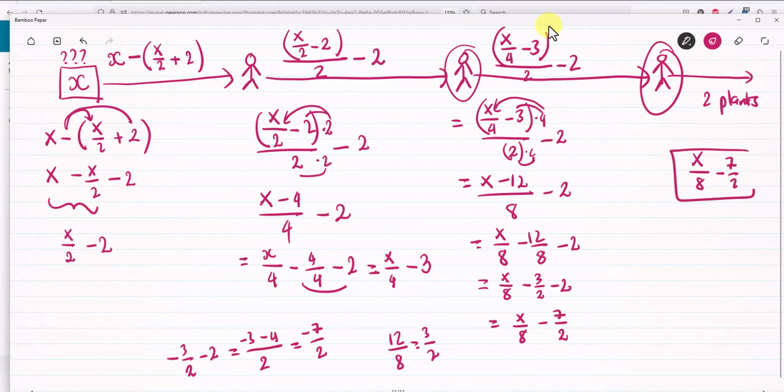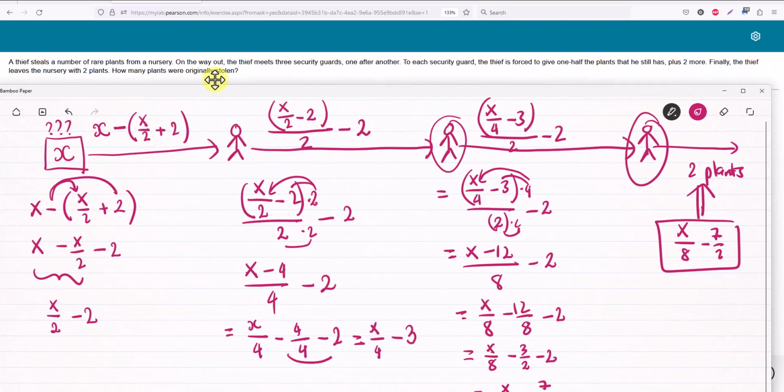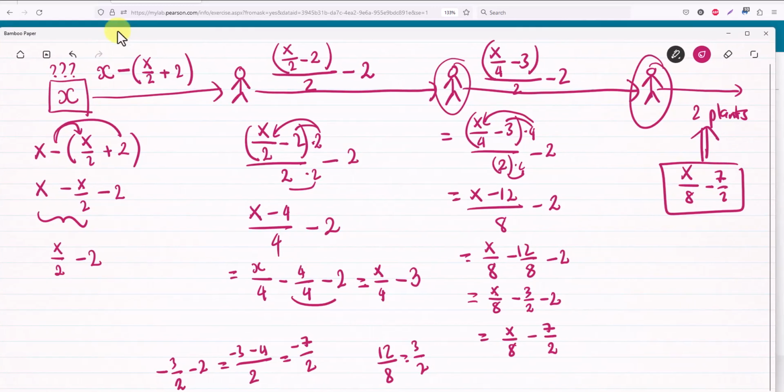And this amount of plants is equal to 2, because the problem tells us that after everything, the thief leaves the nursery with only 2 plants. So we set the expression we just got equal to 2. And now let's solve for x. We multiply by the LCD, in this case 8.